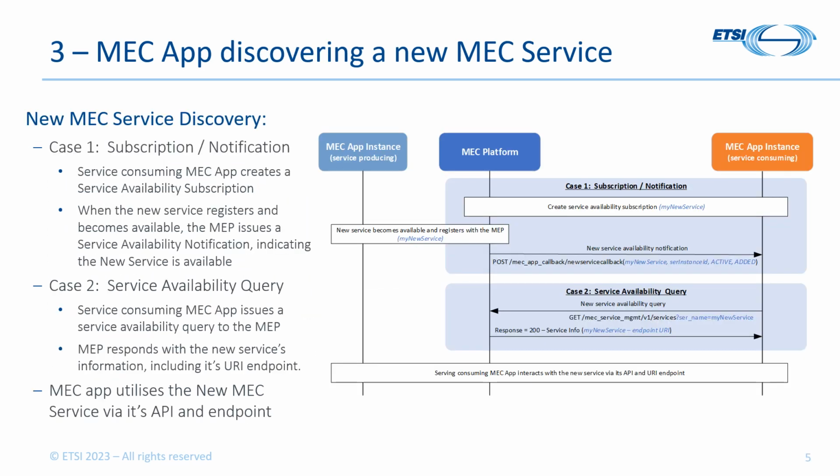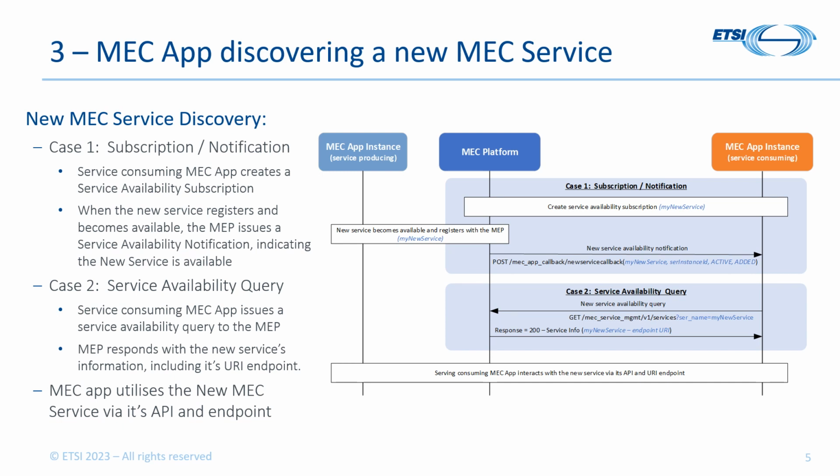Now, let's look at how a MEC application can discover the new service. We have two options. Case number one is a subscription and notification method. In this method, the service consuming MEC application creates a service availability subscription with the MEC platform.